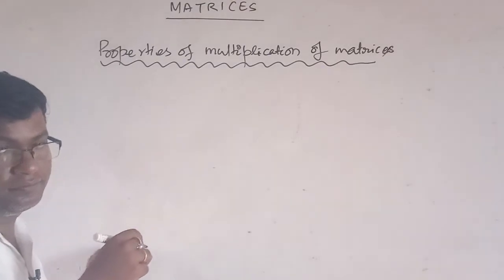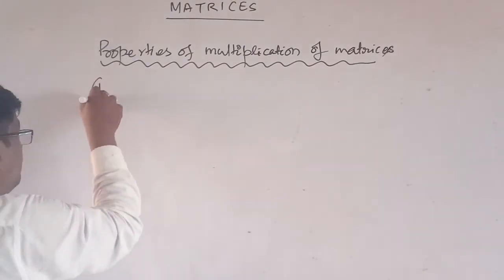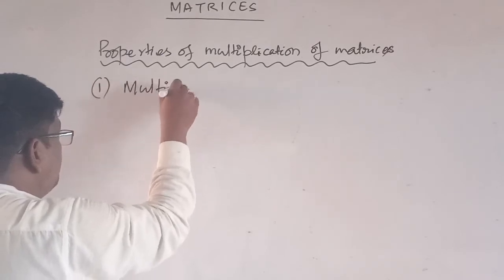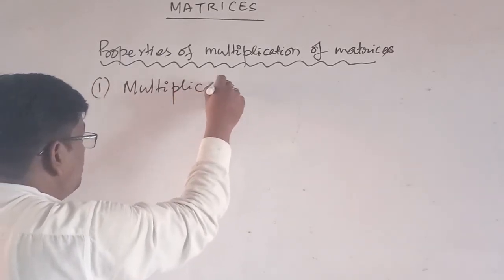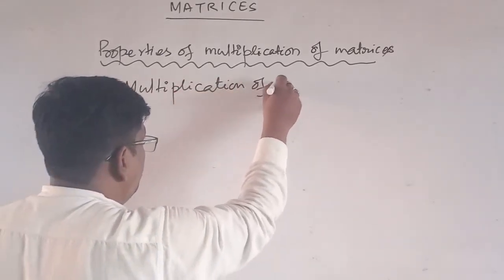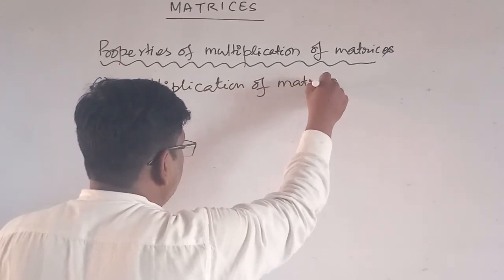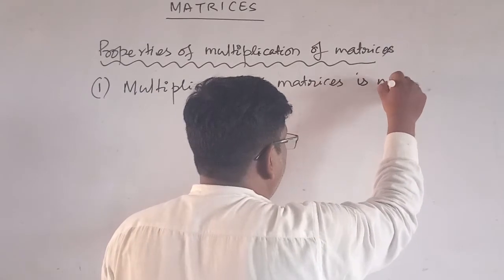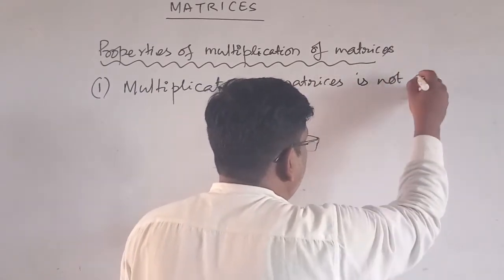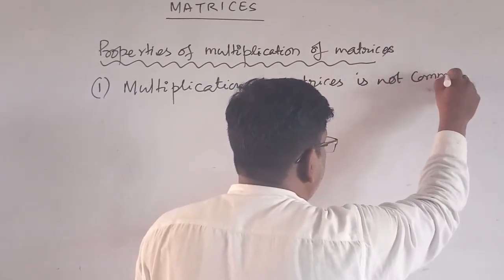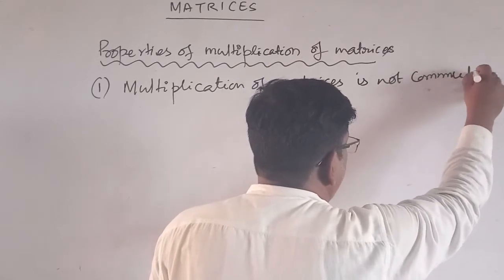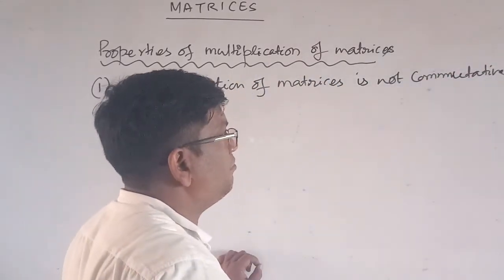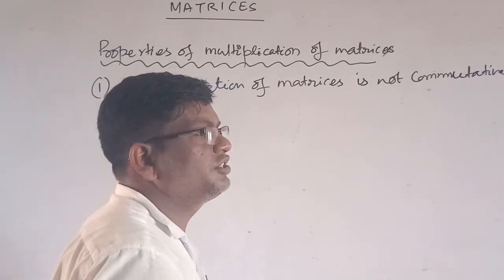Number 1, multiplication of matrices is not commutative. That is, in general, multiplication of matrices is not commutative.